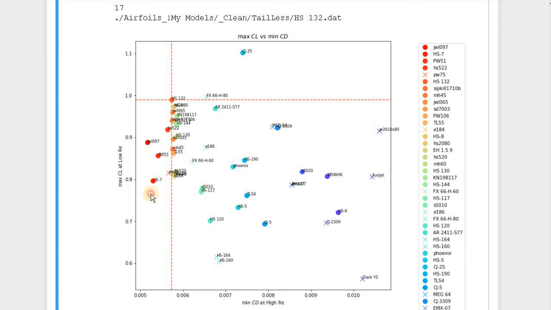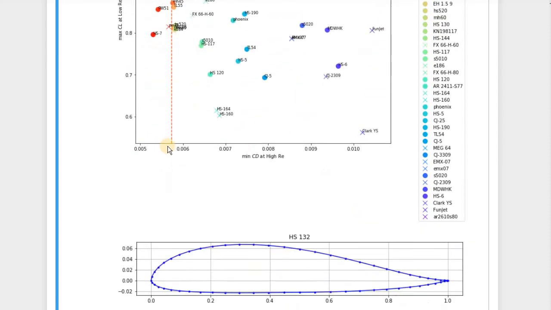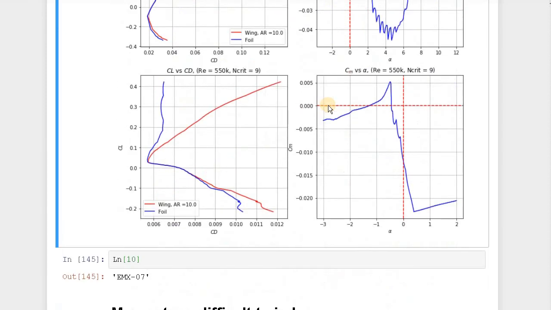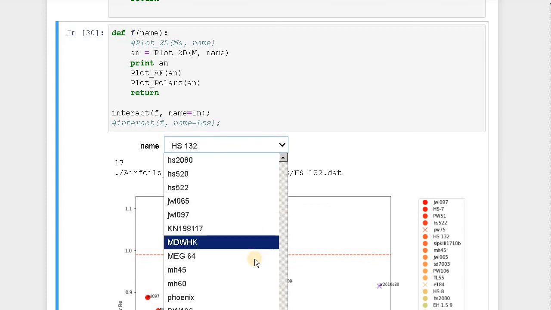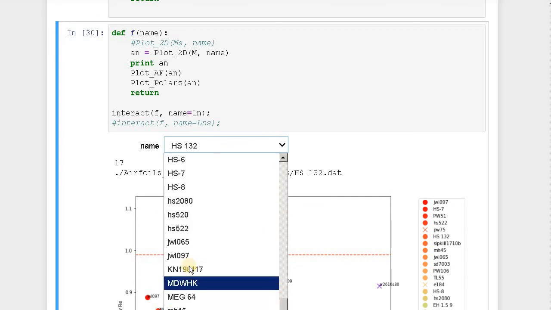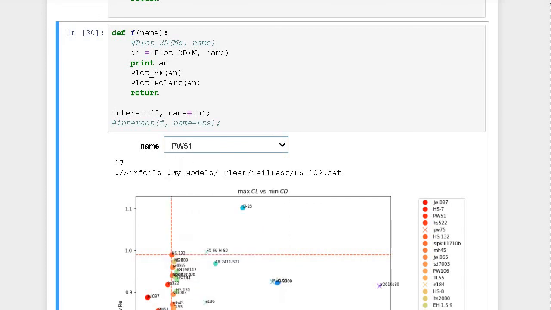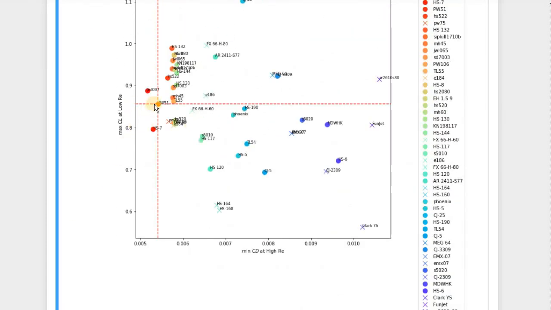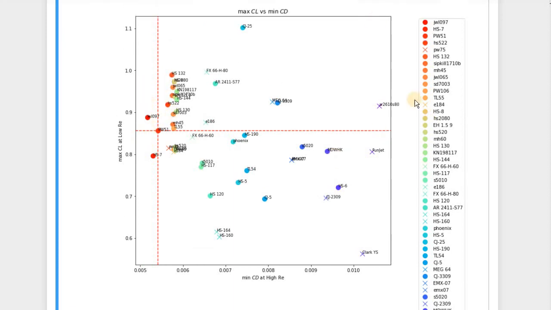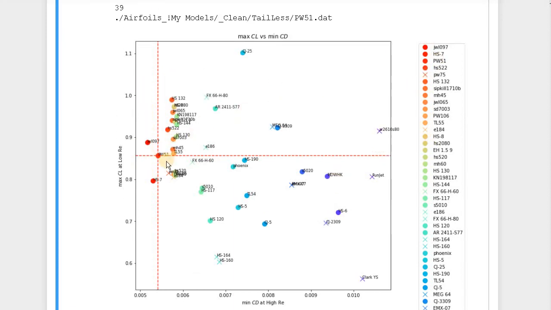And after you have chosen a particular airfoil, let's say we choose PW51, okay? Here's the airfoil. This is the airfoil here, number 3 on the list.